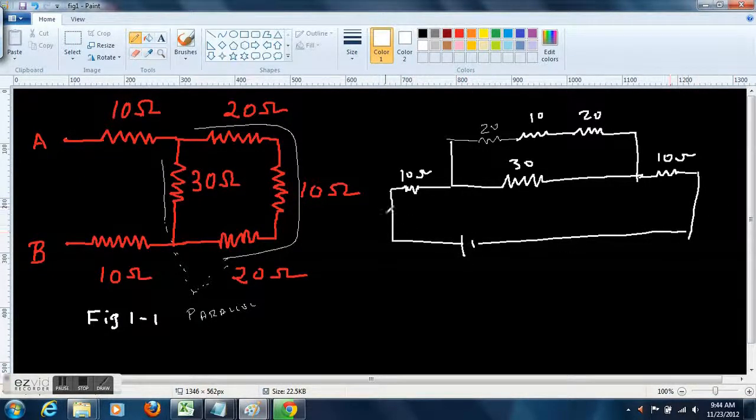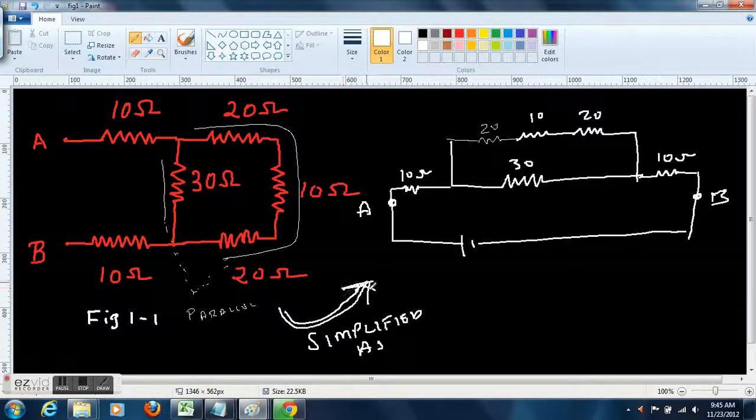Now this 20, 10 and 20, and these are the points A and B. This whole thing is simplified as this diagram, and I think in future for solving this kind of problem you should always try to simplify it in this way, so that you can solve it very easily.